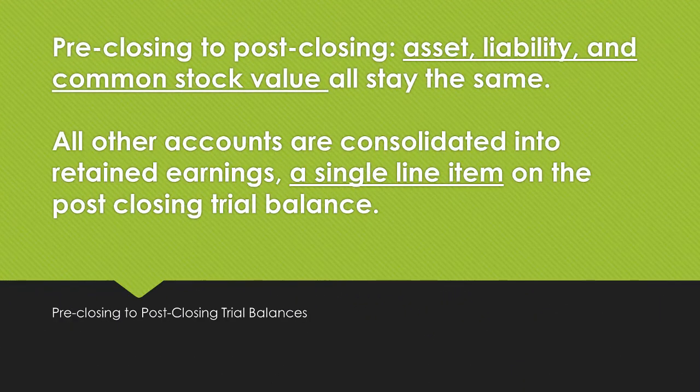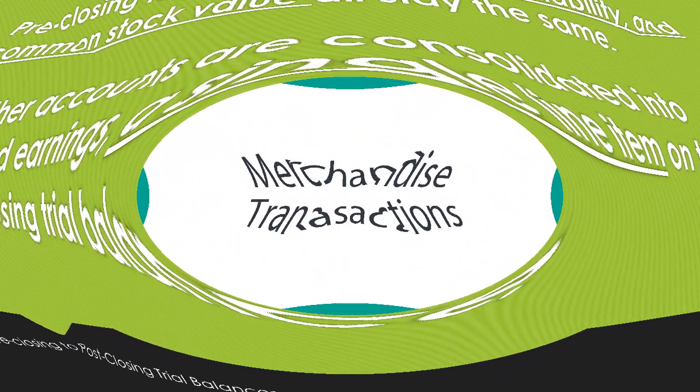Bottom line, going from the pre-closing balance, figure 5.4, to the post-closing balance, 5.8, asset, liability, and common stock value, those accounts all stay the same. The other accounts are indeed consolidated into retained earnings, a single line item on the post-closing trial balance.